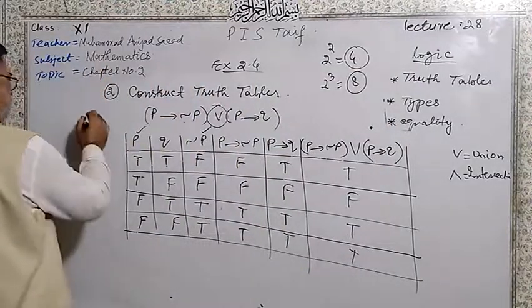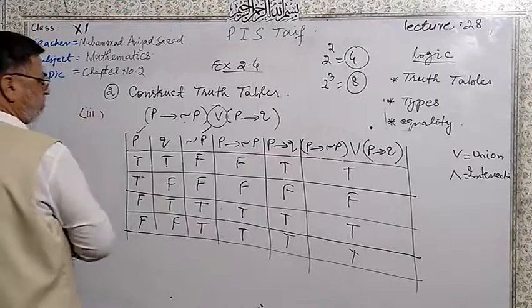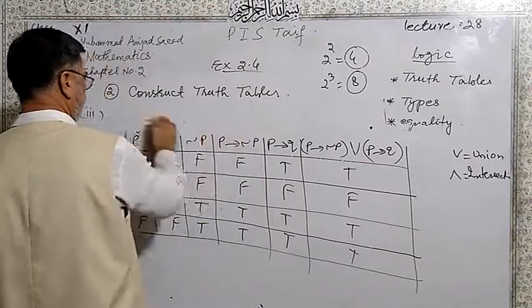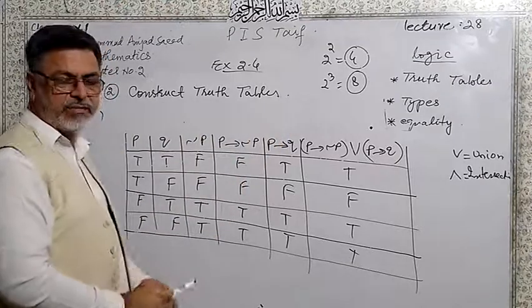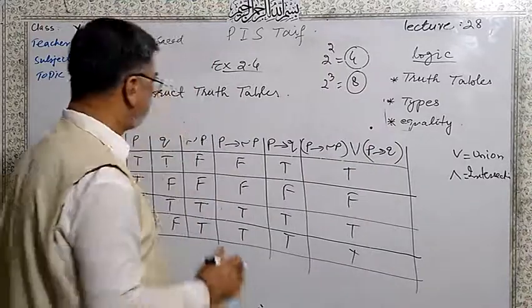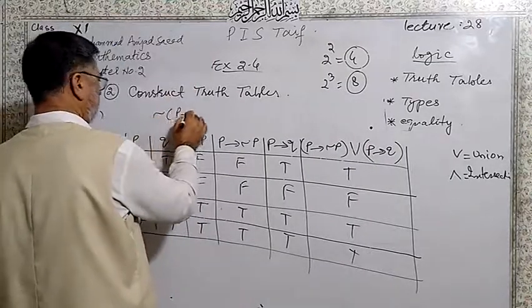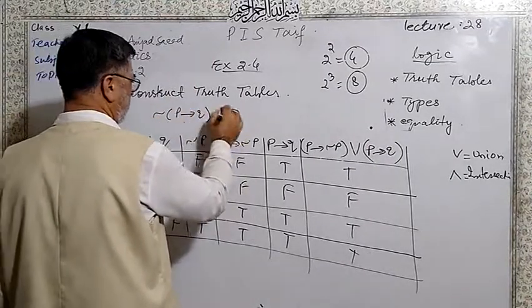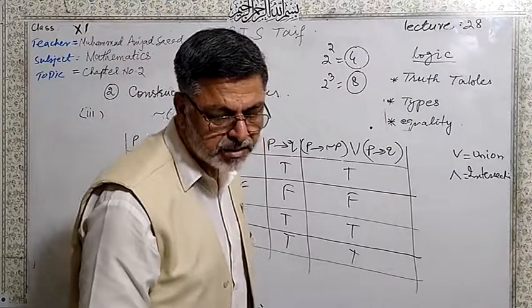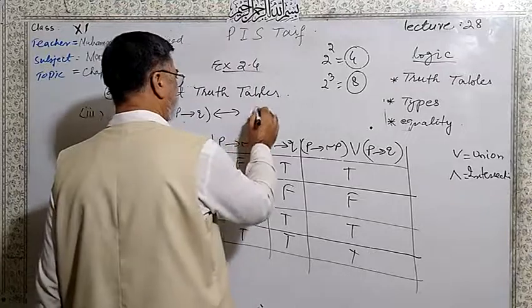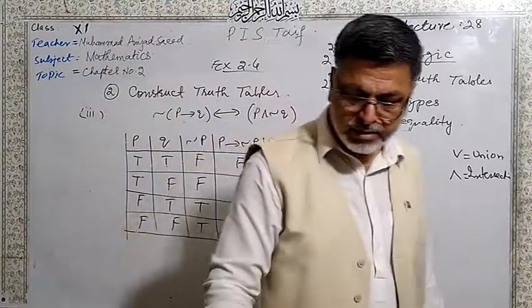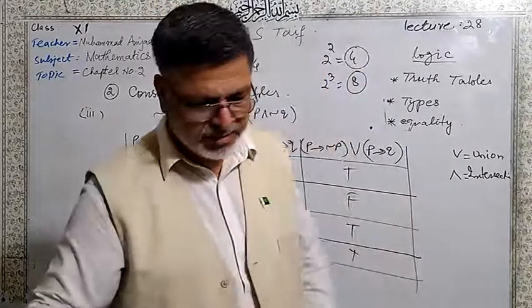Part number 3 is: not P implies Q, double implies, P and not Q. Okay, P and not Q.